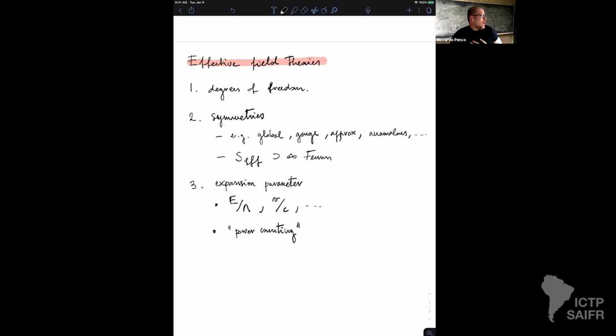Well, let's say, okay, it is not really our choice. Ultimately, it's nature that decides, right? But nature seems to have decided that at the scale relevant for condensed matter, or for nuclear physics I should say, there are protons, neutrons, and electrons.